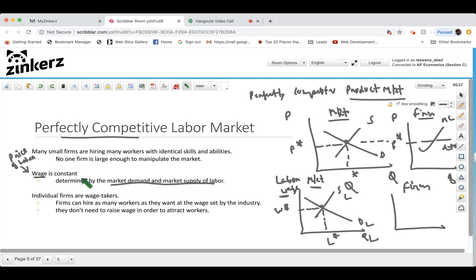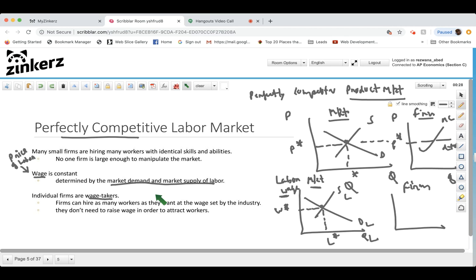Individual farms in perfectly competitive labor markets are known as wage takers. What that really means is that they can hire as many workers as they want at the wage set by the industry.